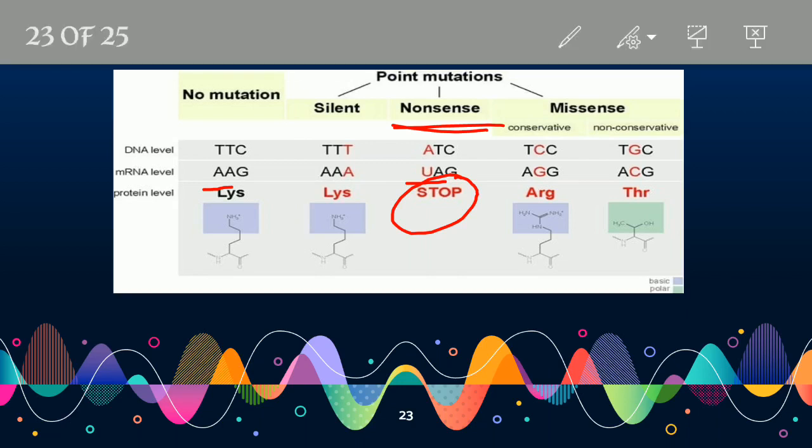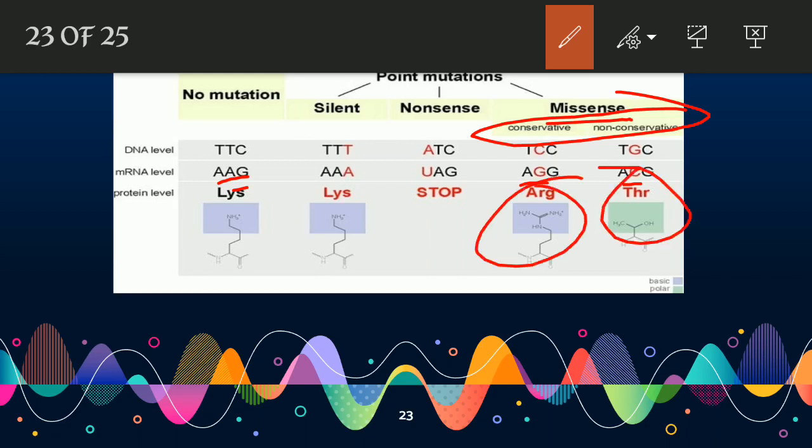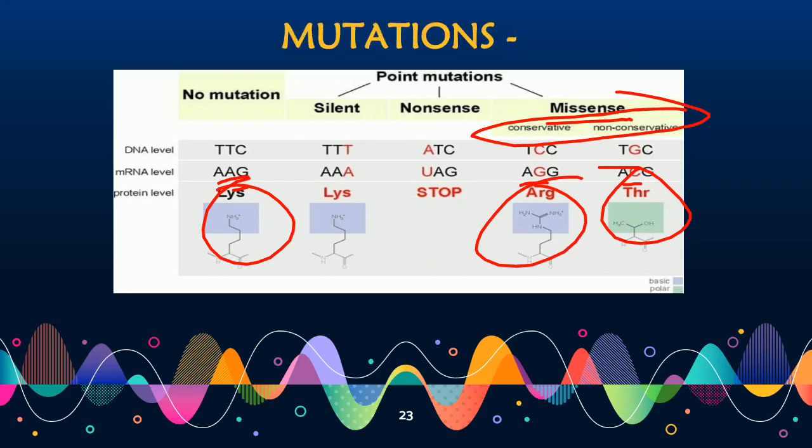So next is the missense. In both cases, there is a single nucleotide change from A to G or A to C. A different amino acid gets incorporated, and this mutation leads to loss of functional capacity of the protein.